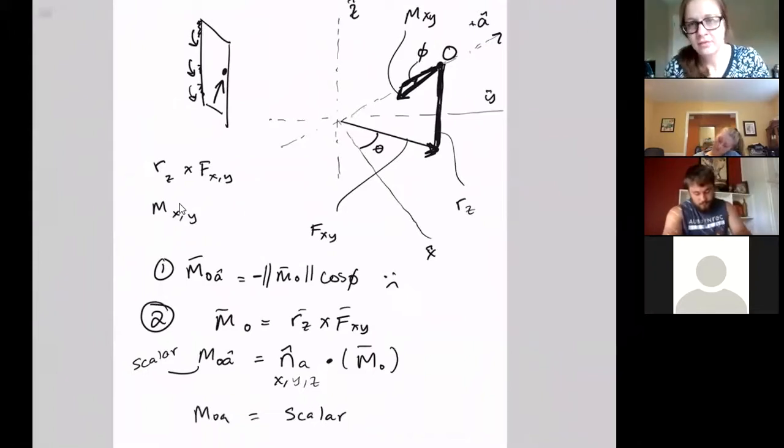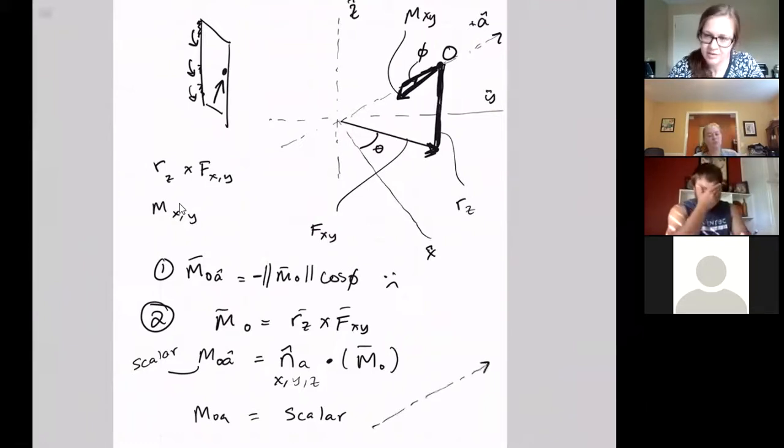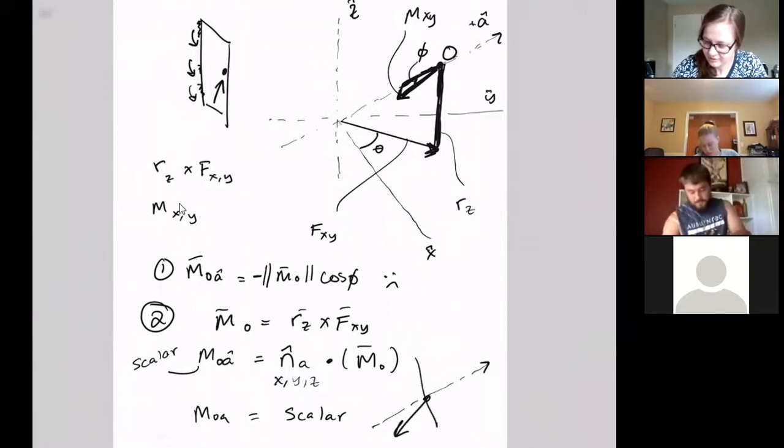However, we do know a little bit of what's going on with the scalar because we know that it is in the negative-ish direction. And I say ish because we don't really know the direction since it's a scalar, but conceptually, our moment vector is going towards the negative rather than the positive.